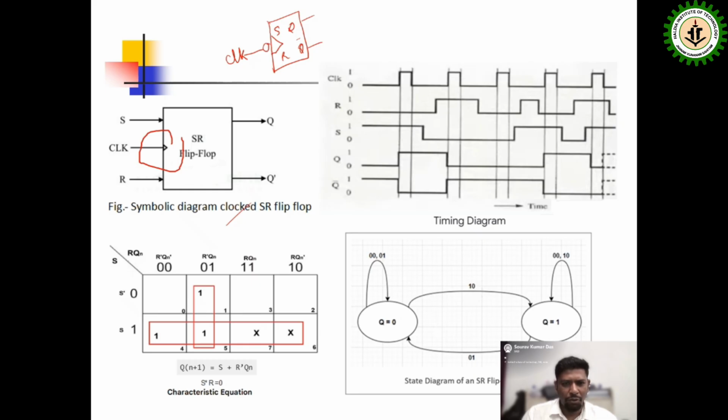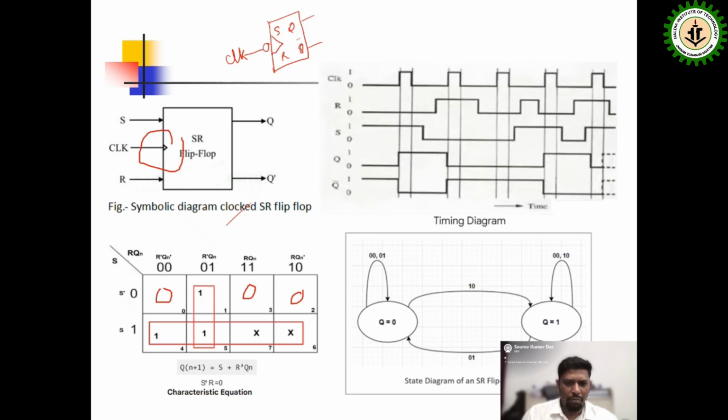In the 1 0 0 case, you get Qn plus 1 is 1, and in the 0 1 0 1 case, Qn plus 1 will be 1. After that, these two cases, 1 1 1 and 1 1 0, are the don't care condition.